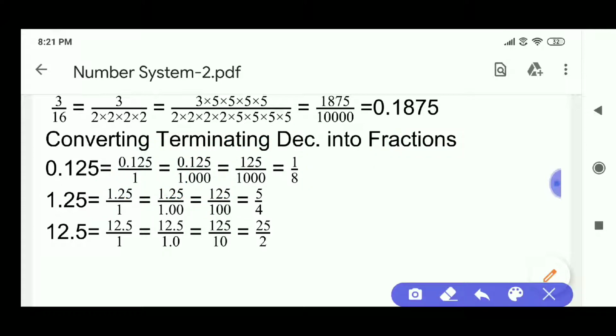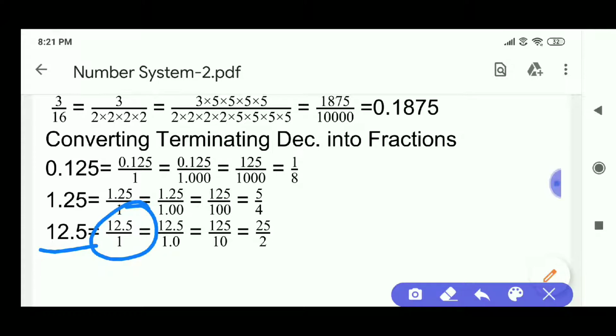One more question. 1.25. It is nothing but 1.25 by 1. This 1 can be written as 1.00. So it is 125 by 100. By simplification, 5 by 4. And 12.5. 12.5 can be written as 12.5 by 1.